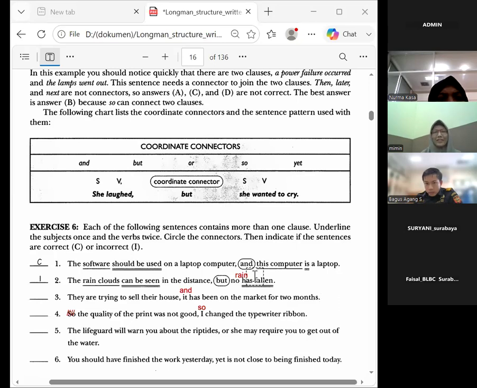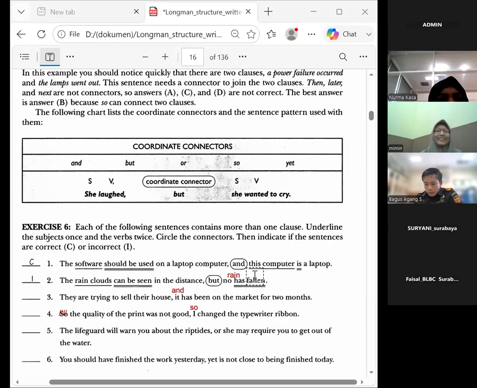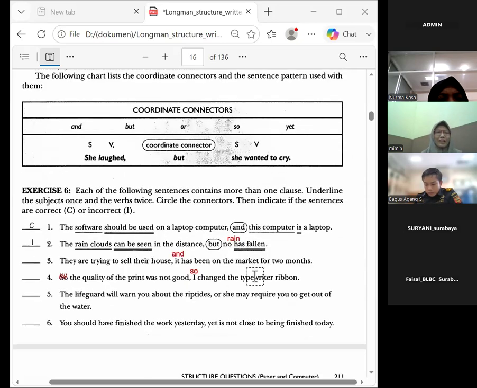That's why I asked you at the beginning, but it seems that it is necessary. So look at number 5. What are the two clauses? What is the connector? Is this correct or incorrect? Kak Faisal, could you please say a name of one of your friends to do number 5?